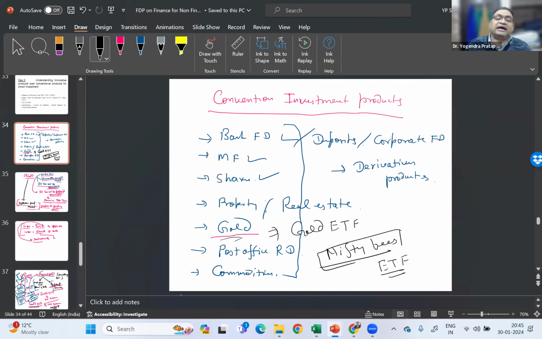And secondly, for the bank FD, the substitute is the fixed maturity plan. Using the screener of the mutual fund, you can choose the fixed maturity plan, and this is one of the best products that substitute the bank FD and will give you more return compared to the bank FD, on deposits of corporate bonds like that.